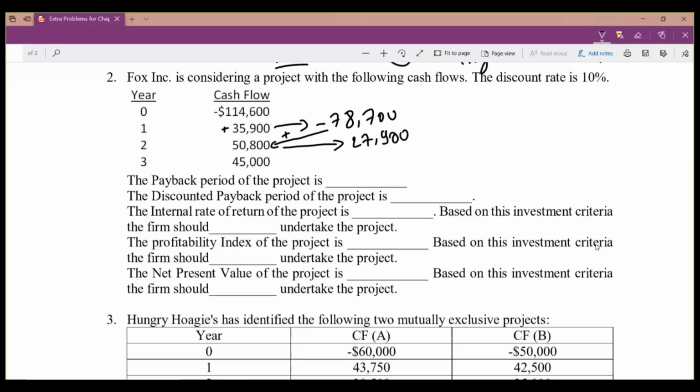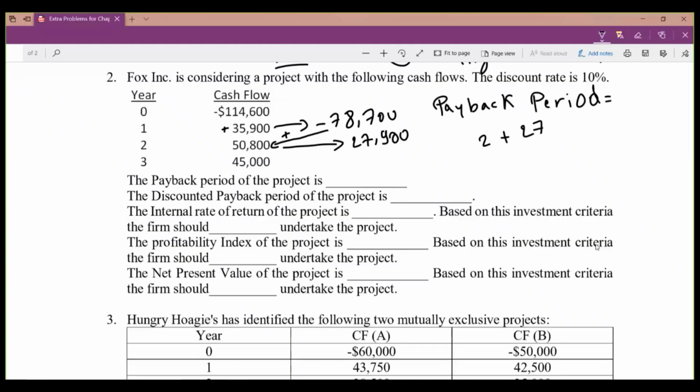So in this case, I can say that I need part of the third year. I do not need the full year to recover my initial investment. So in this case, the payback period is equal to 2 years plus a fraction of the third year.